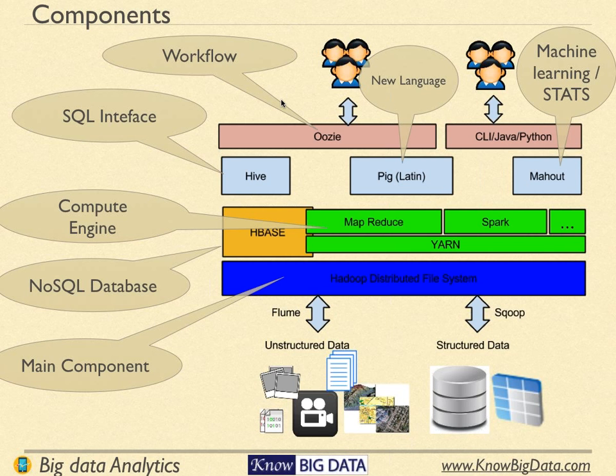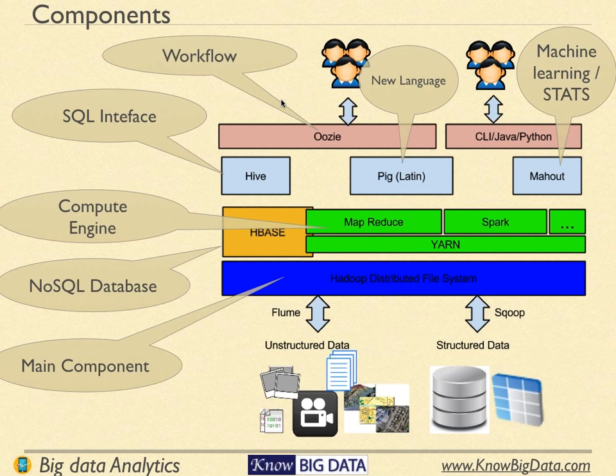Once Mahout has finished giving recommendations, as in this person likes this thing, that person likes that thing, you would like to display those recommendations on your website. To do that, you have to push them to MySQL, to your web server.